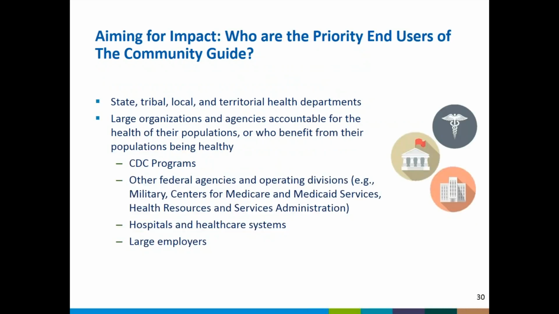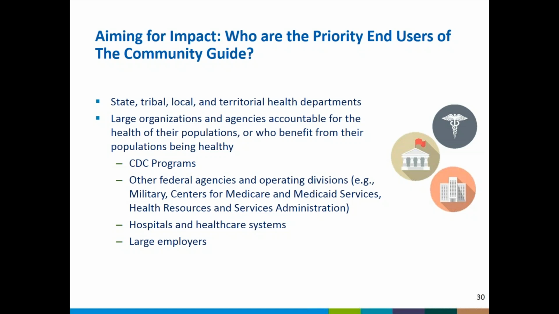Next slide, please. So who are the people that we intend to have use the community guide? If we think about who is looking for interventions that work in the public health frame or within communities to try to improve health and well-being, the first group is state, tribal, local, and territorial health departments, who are required to address these issues.